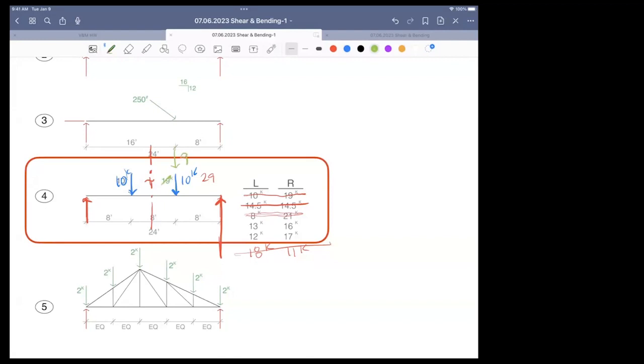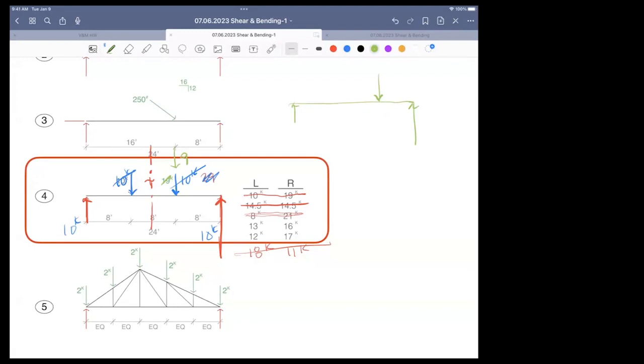I feel like expressing 19 as 10 plus 9. Hopefully none of you have an objection, because this 10 kip goes here and this other 10 goes here. Very good. Now I'm left with only the 9. That's all I'm left with. And the 9 is coming in here, making the right bigger than the left.